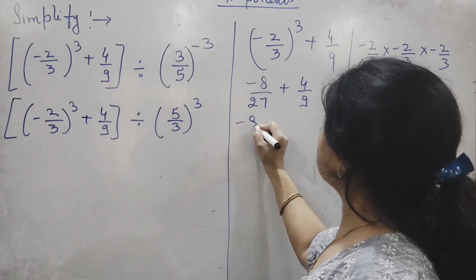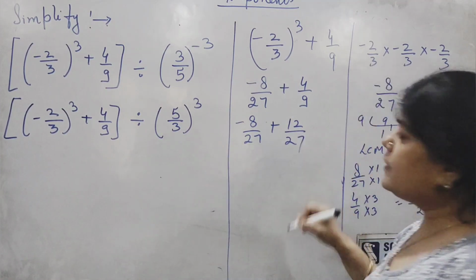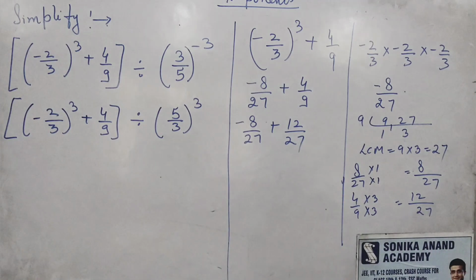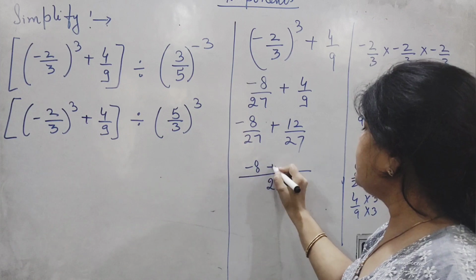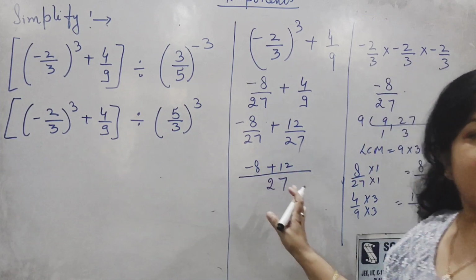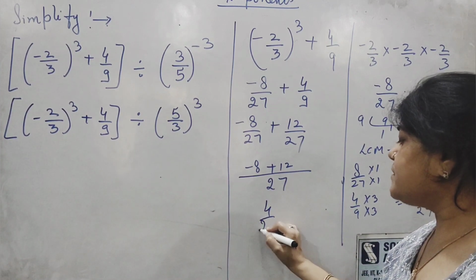So it becomes minus 8 by 27 plus 12 by 27. Clear? Now we have the same denominator, that is 27. Minus 8 plus 12. Now these two have different signs, so we subtract. 12 minus 8, 4 by 27.